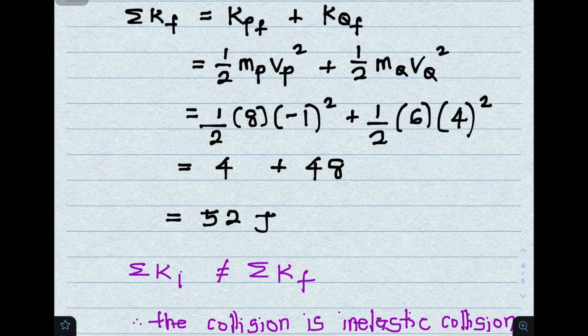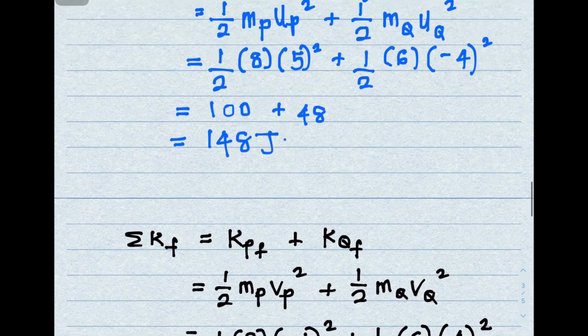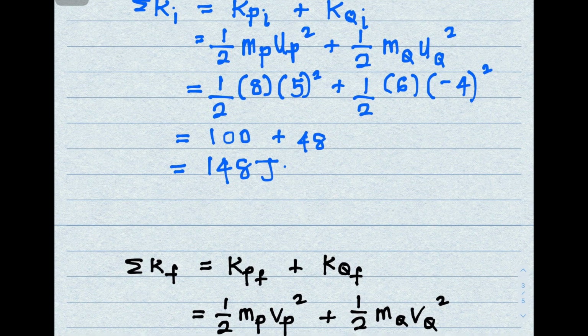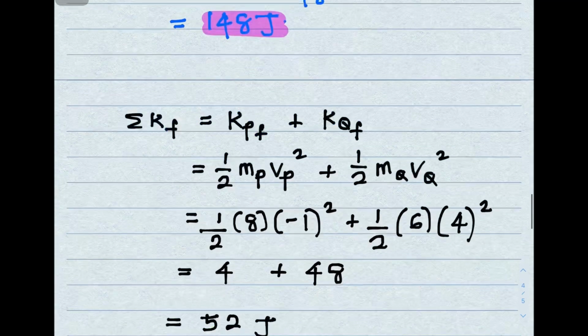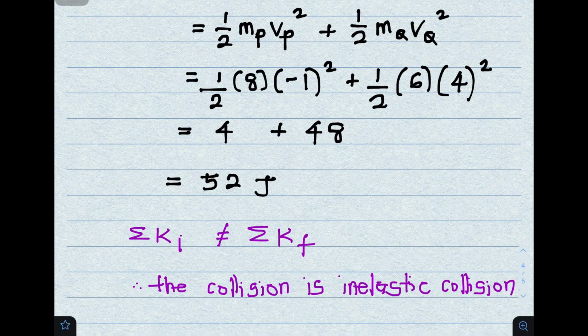From the value of the total kinetic energy initial and the total kinetic energy final, you can see that the total kinetic energy initial is 148 joule. Meanwhile, the total kinetic energy final is 52 joule.